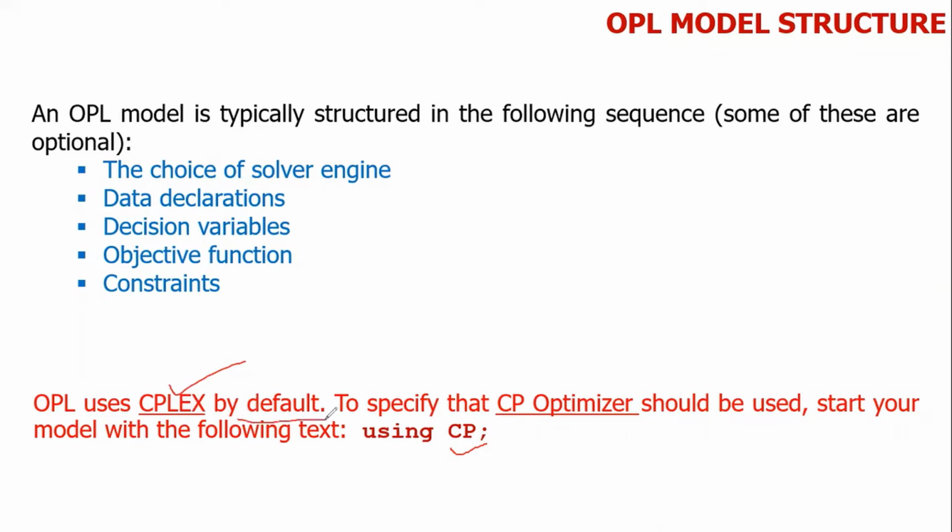But if you want to use the CP optimizer, then you need to write CP at the start of your program. Although CPLEX is the default, you can still write it explicitly if you want to specify what kind of solver you are using. Otherwise, by default, it is using the CPLEX Optimization Studio.